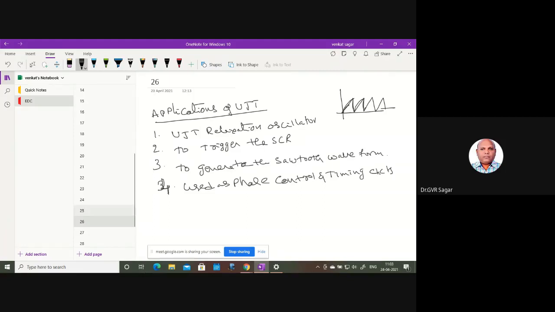Timing circuits, and it is used as a non-sinusoidal oscillator. Non-sinusoidal oscillators. So these are the different applications of UJT, right? So till now, if you have any doubts, you can raise them, you can ask.